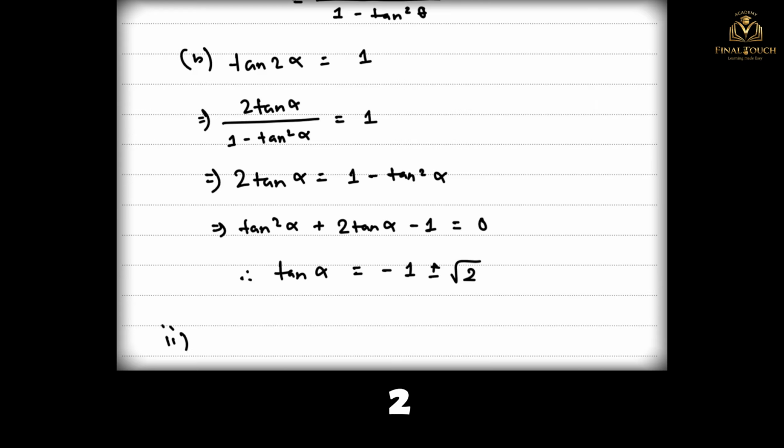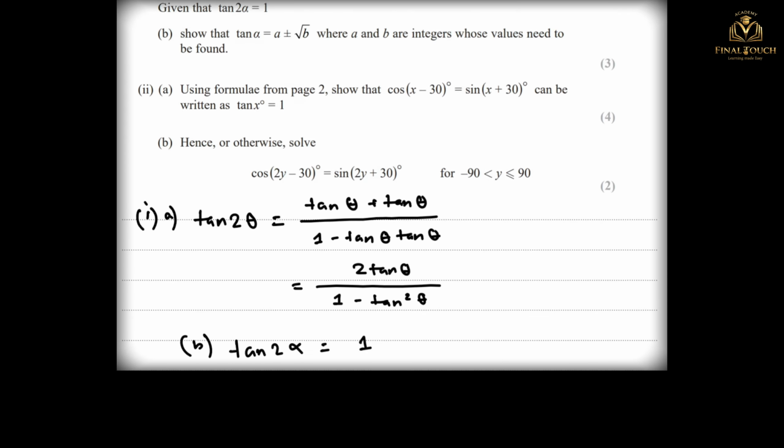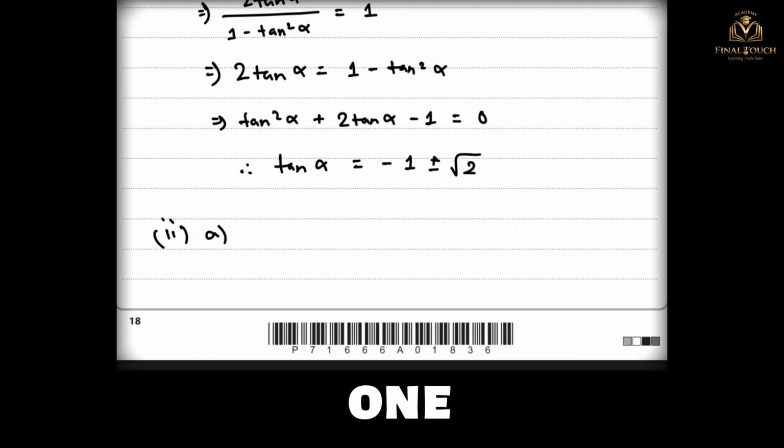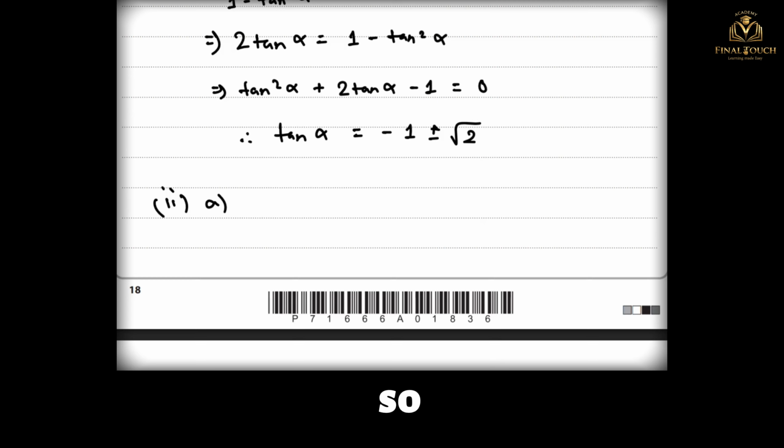Coming on to part 2A. It tells us using formula from page 2 show that cos x minus 30 is equal to sin x plus 30 can be written as tan x equals to 1. So cos x minus 30 equals to sin x plus 30.